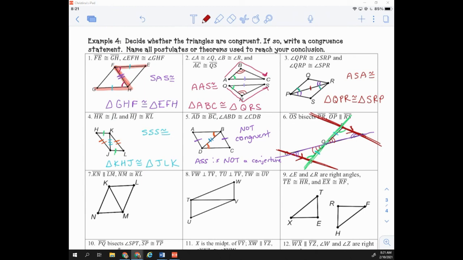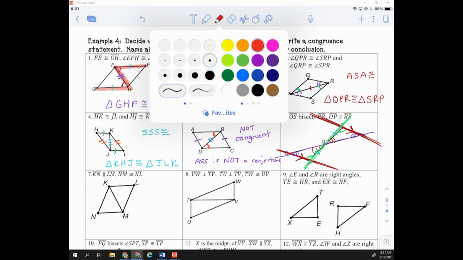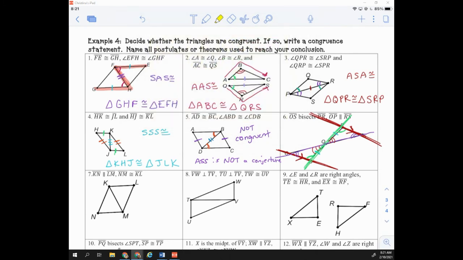But since we also have a pair of sides that are congruent, we actually have two different conjectures that we could use for this one. So we could do angle, side, angle.